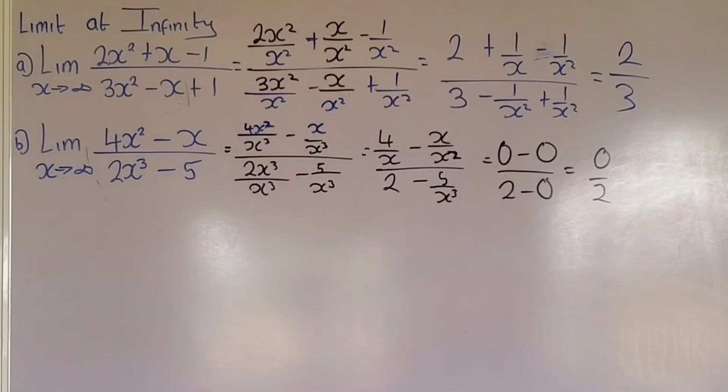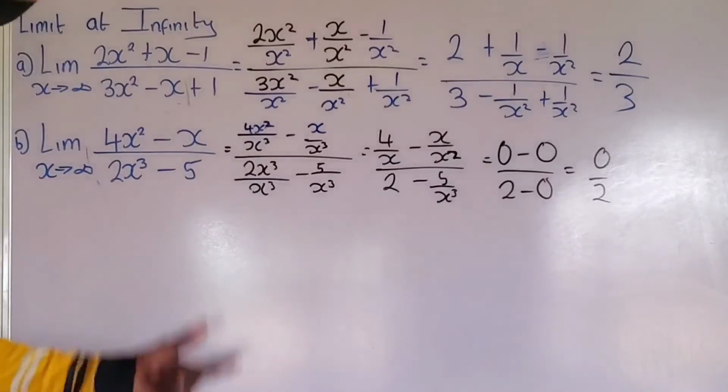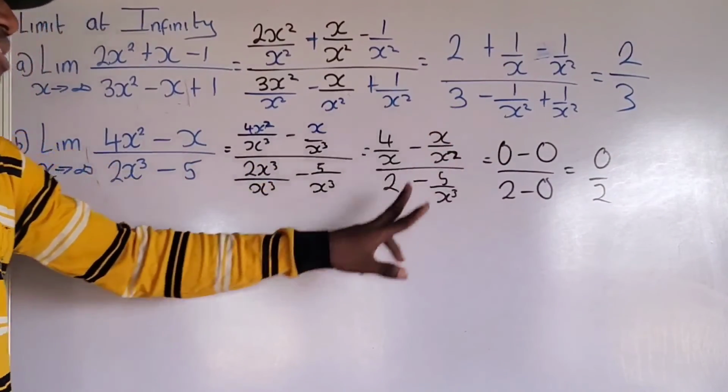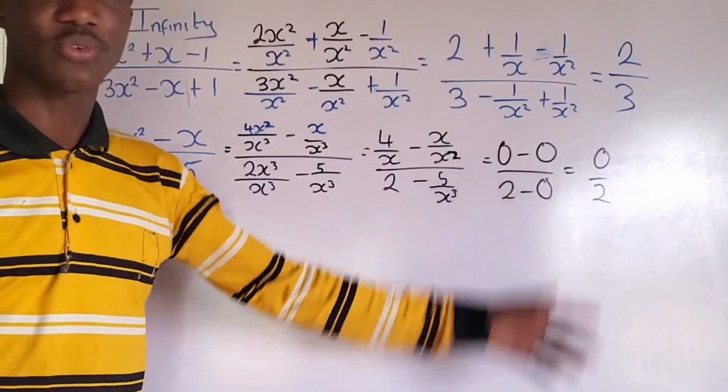That's what I did for the first and the second question. In our previous class we learned that the limit of a function like this as x tends to infinity will give us 0. So this will give me 0, this will give me 0, this will give me 2 because it doesn't have x, and this will give me 0 as well. So I have 0 over 2.